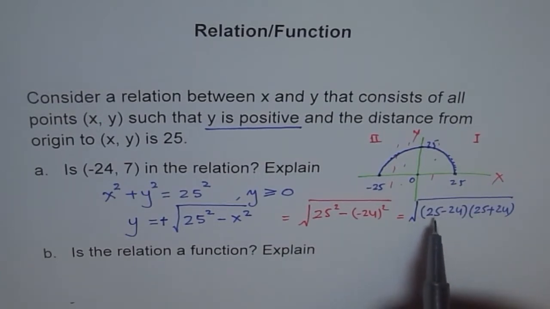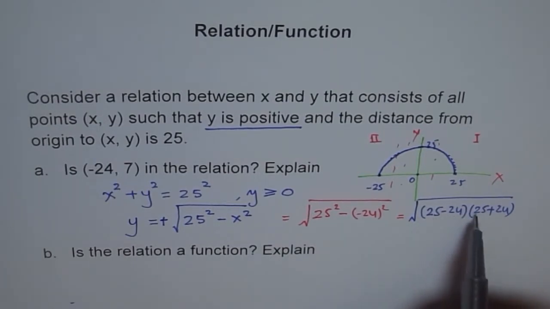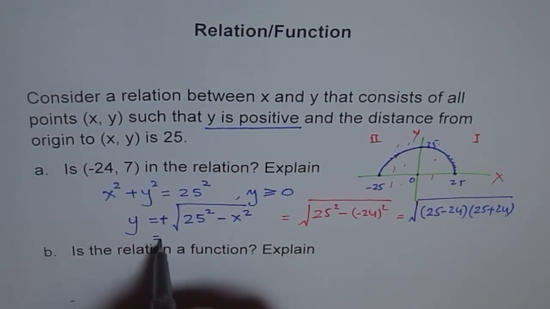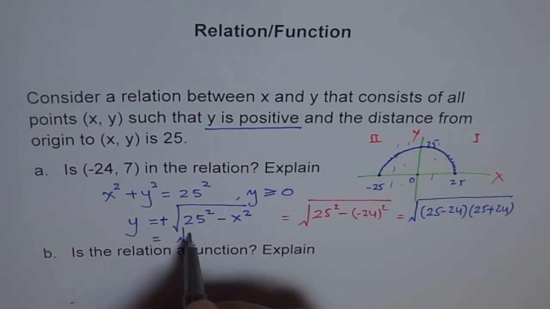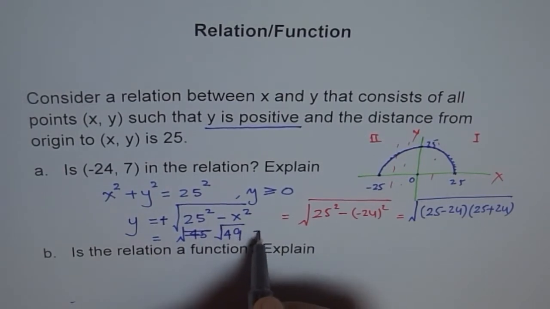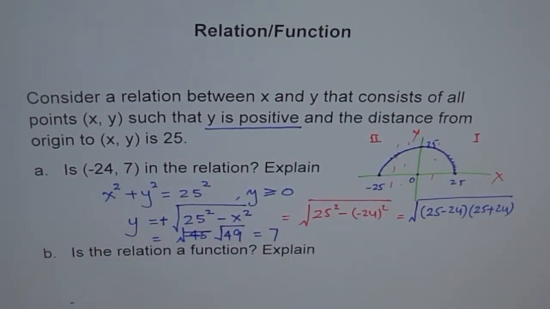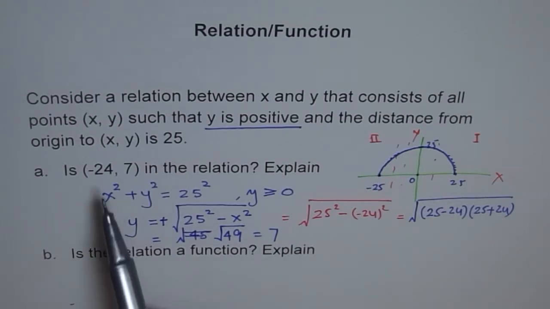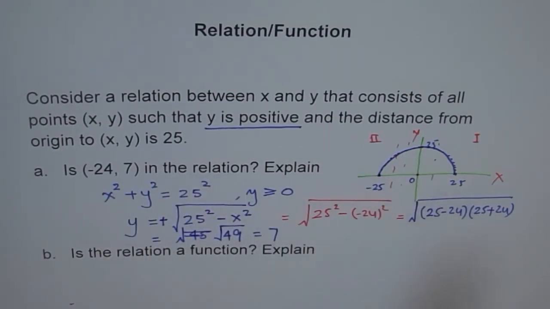So 25 minus 24 is 1, and 25 plus 24 is 49. So I get the square root of 49, which is 7. So that's your answer. Perfect. You can use a calculator and get this answer also, correct? So this point is on the relation, and the relation is a function.